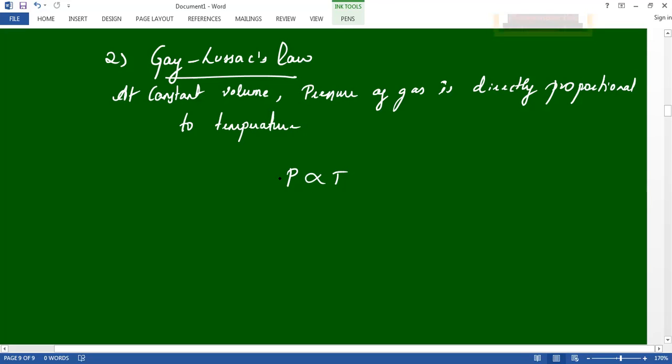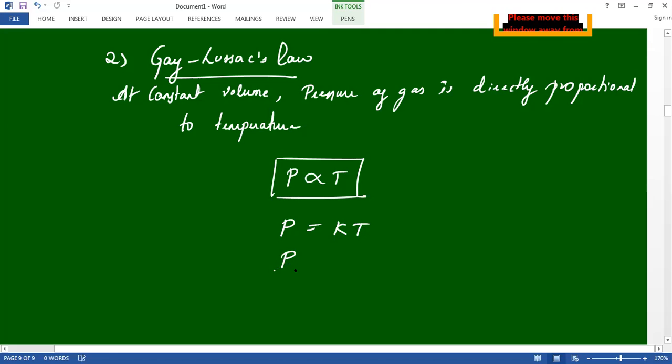If you remove the proportionality, a constant will come, that is P is equal to KT, or you can say P by T is equal to K. Here again we'll write constant to avoid confusion.